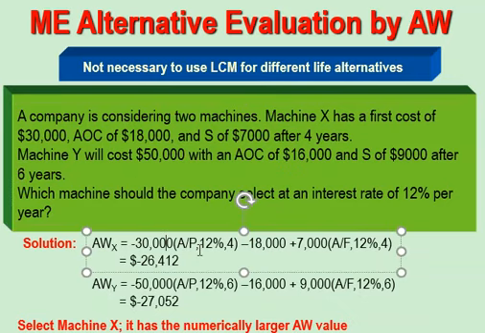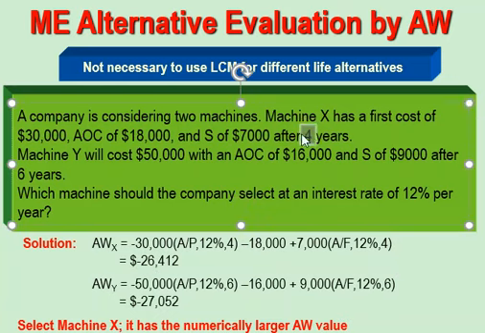So we get the LCM between 4 and 6: 4, then 8, then 12, and 6 plus 6 is 12. So I would have several life cycles here, and here I would have 2 life cycles in order to solve it.